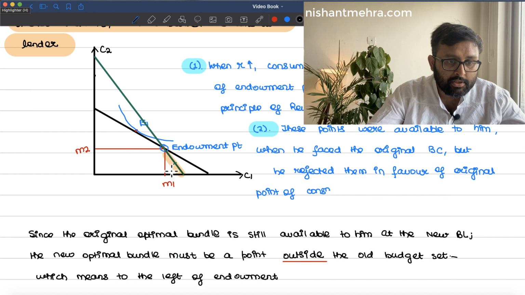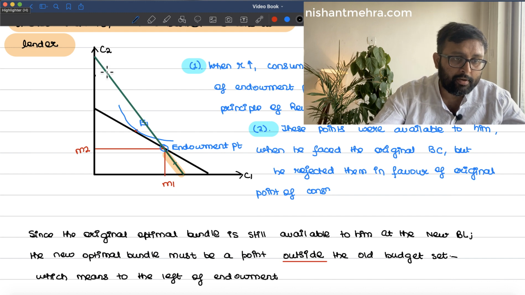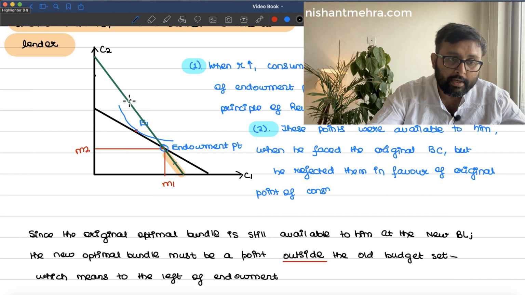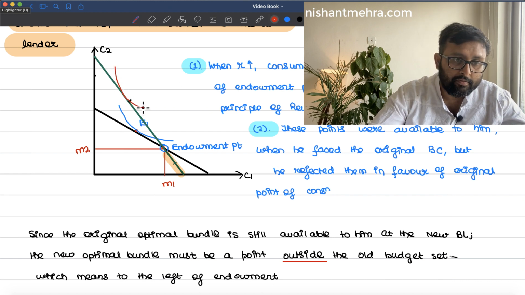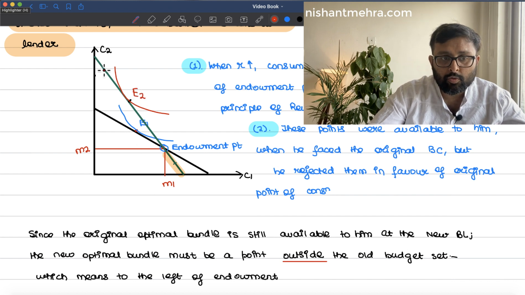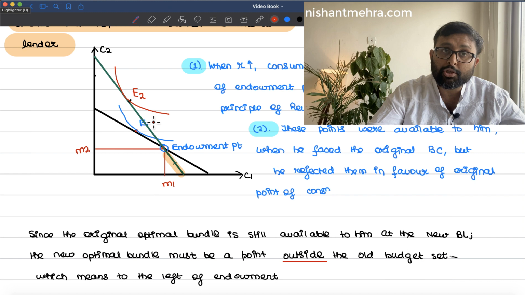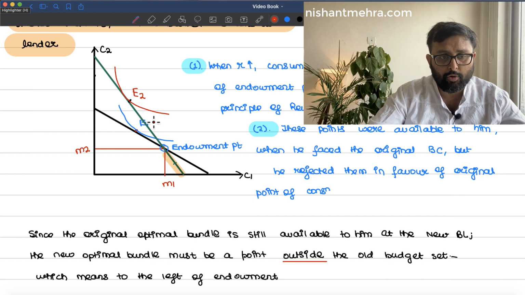So in the new budget constraint, beta, these points were not available to him earlier. So you can have a consumption here, let's say. You can have a consumption here, let's say. So it means that your consumption on the new budget line can be to the left of the endowment point.